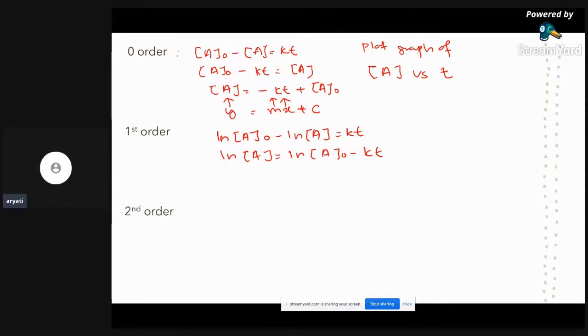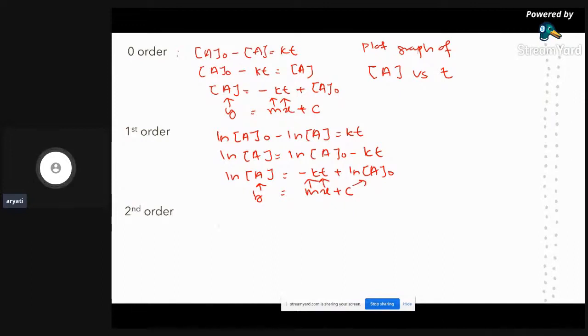So ln A equal to negative KT plus ln A naught. So if we compare this integrated equation with the linear equation y equal to mx plus c, so your y-axis is the value of ln A, x-axis is t, so your gradient is equal to the rate constant. Okay, so c is the value of ln A naught.